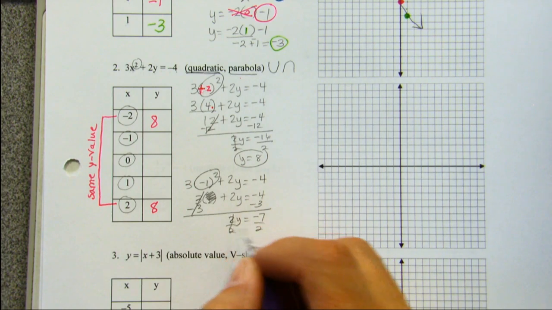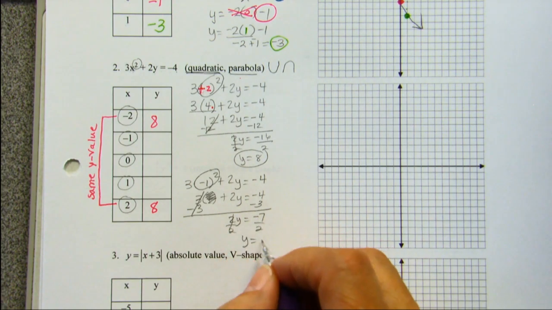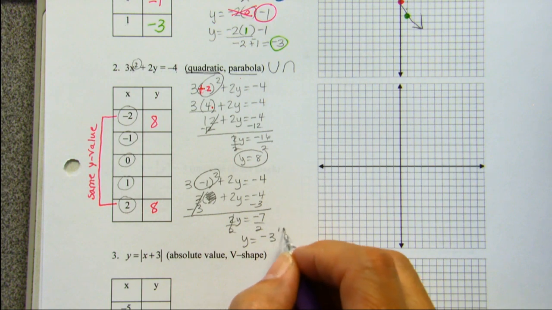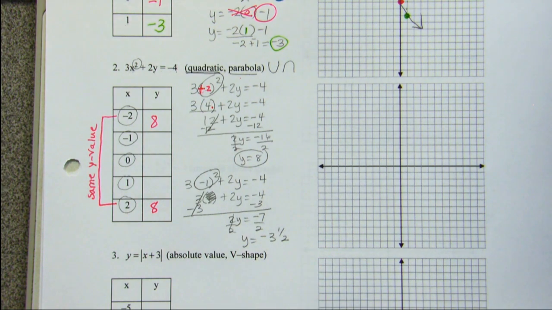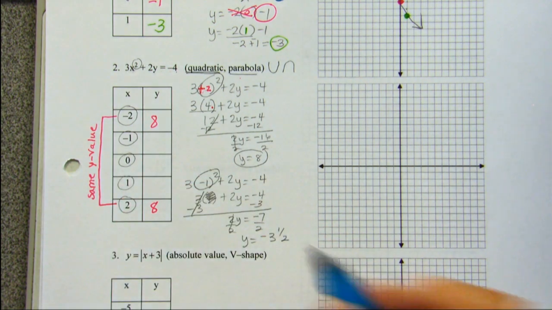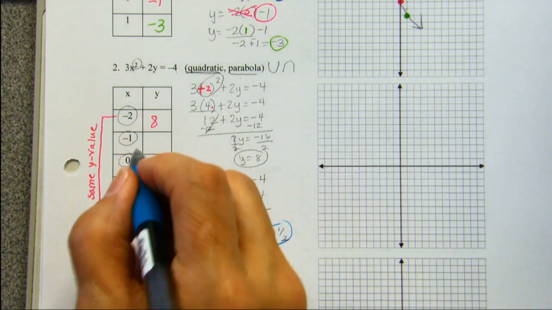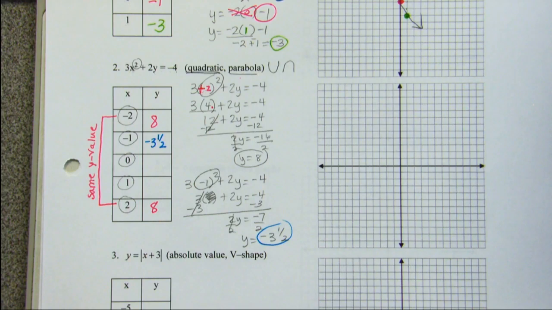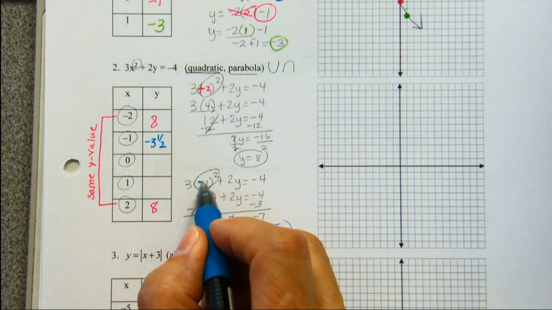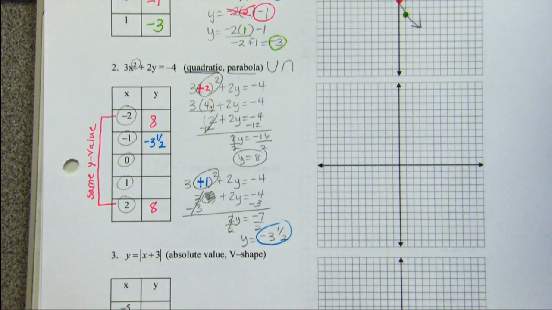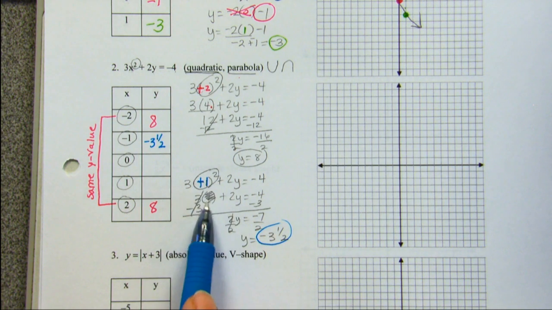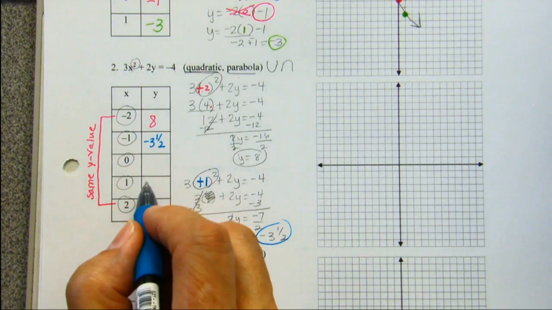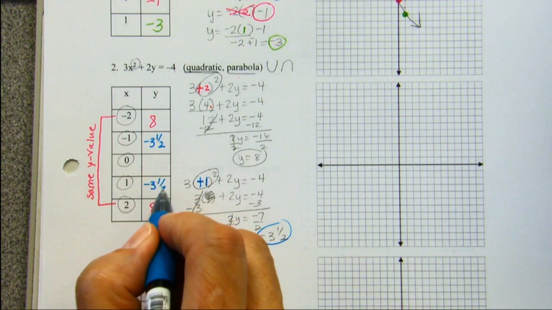Divide by 2. And y, negative 7 halves, is the same as negative 3.5. That'll probably make it easier to graph. And had my negative 1 been a positive 1, 1 squared is still 1, you're still going to end up with negative 3.5.